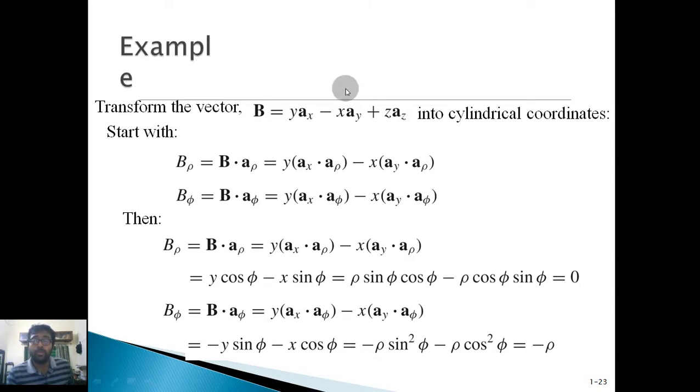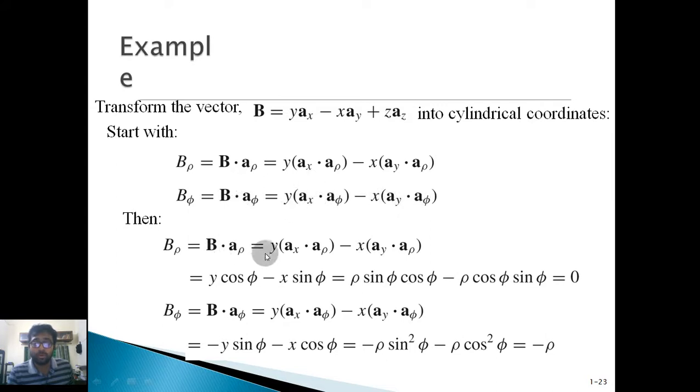We will only consider the values along the x axis and the y axis. So we multiply a_rho with the vector, and for the value along B_phi, because the value along B_z will be the same as z a_z, we will multiply with the unit vector a_phi.